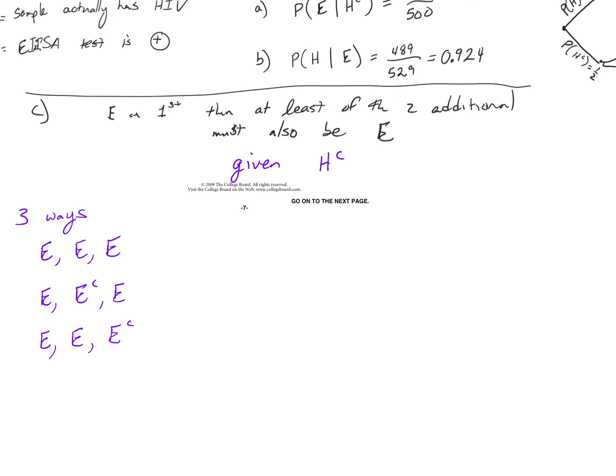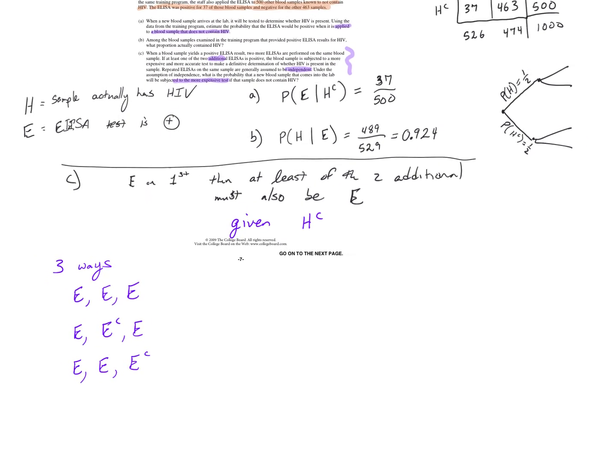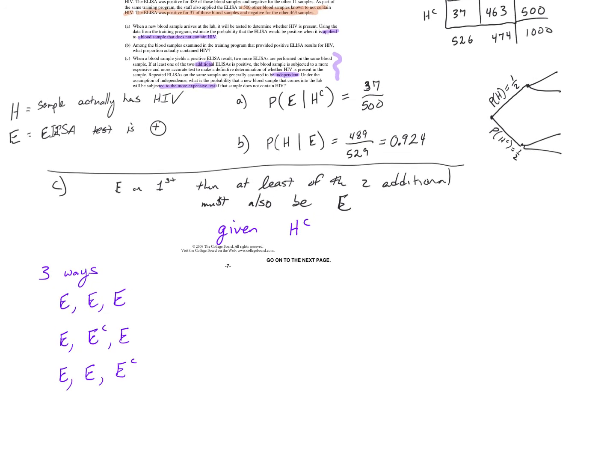Now, luckily, we have calculated some of these numbers before. This is all given H complement. We know it's 37 out of 500, which is 0.074, the probability that any one ELISA test is positive, given that the blood sample itself does not contain HIV.